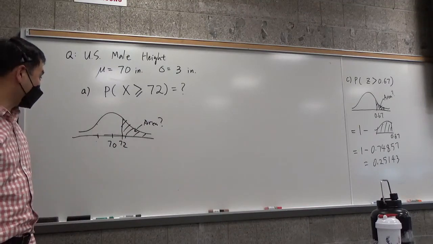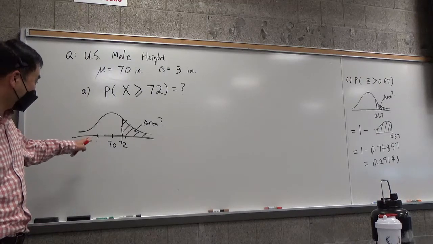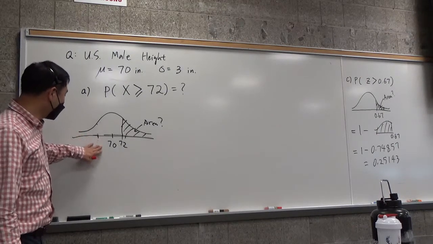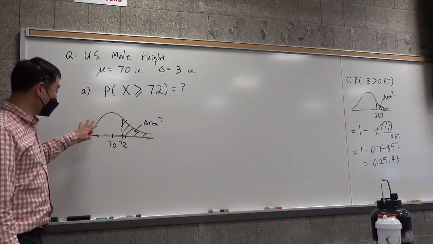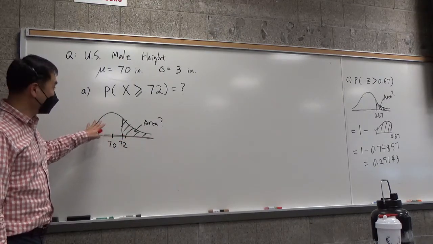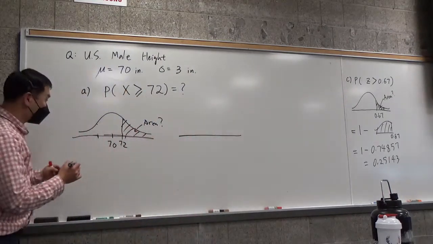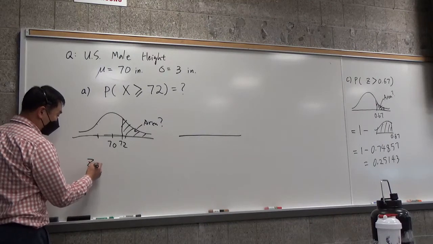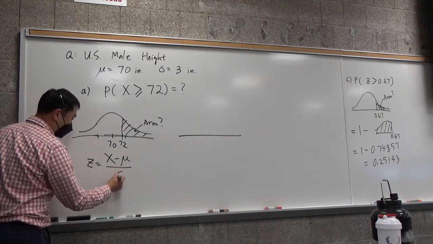That's the question. And the way you get it is the following. Because this is not so well known, we transform this picture into the picture of z-scores. So you remember what the formula for z-score was? Z-score was x minus mu divided by the standard deviation.